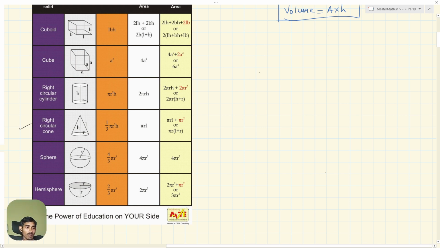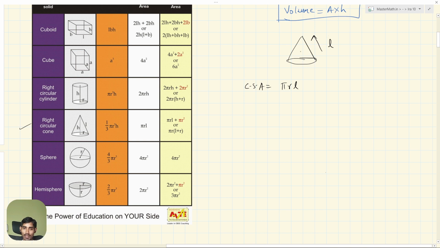Now, right circular cone. There is no specific way to remember this: pi r l. Initially it was 2 pi r h for the cylinder, but here, because the radius is decreasing as we go to the top of the cone, it is pi r, and L is the slant height.